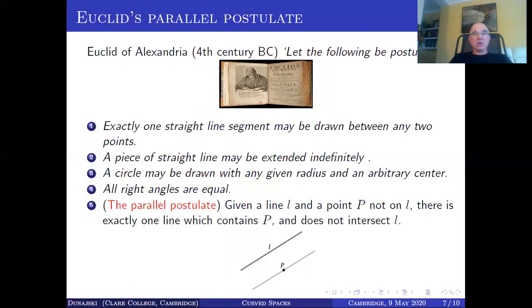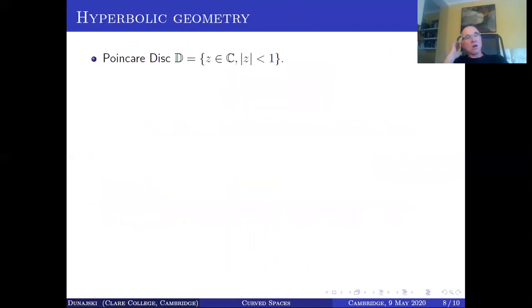It turns out that Euclid was right, because there is an example of a geometry, we now call such geometries non-Euclidean, where only the first four axioms hold, but not the fifth one. So this is what I want to tell you about next. This is called hyperbolic geometry.